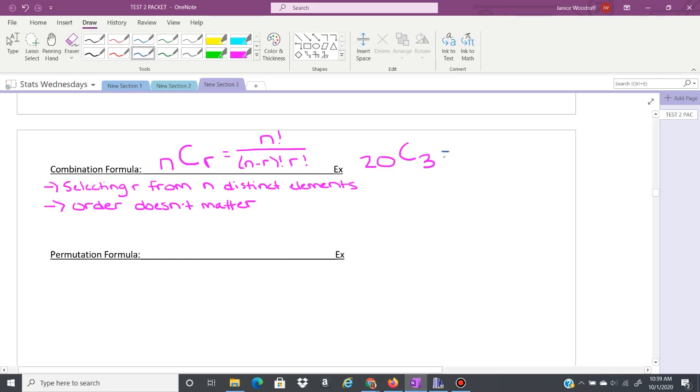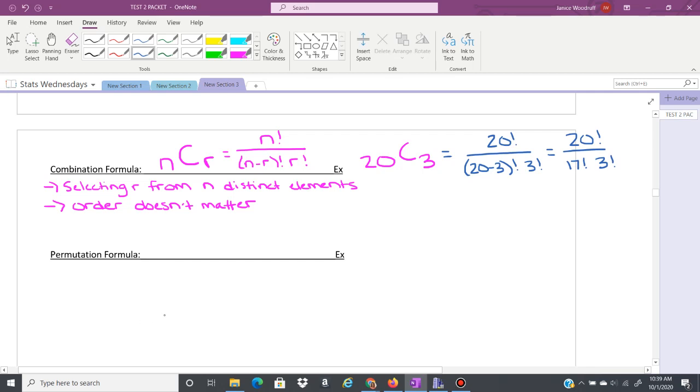If I'm using the formula, I'm going to go n factorial, so 20 factorial, over n minus r, so 20 minus 3 factorial, and then 3 factorial. So basically, it looks like this: 20 factorial over 17 factorial, 3 factorial.